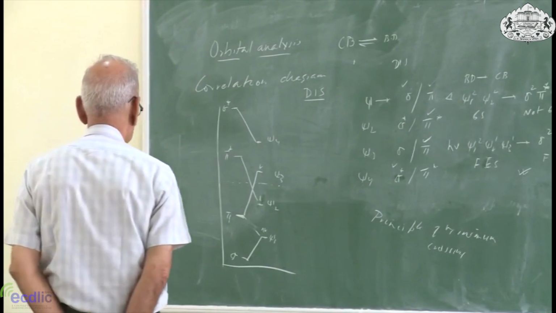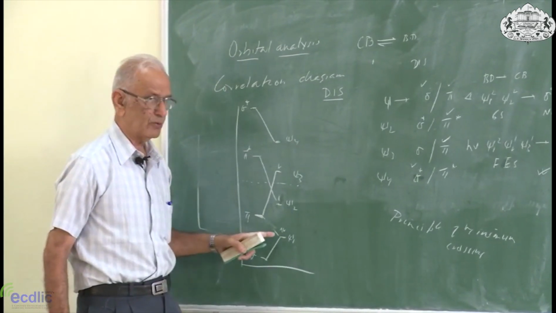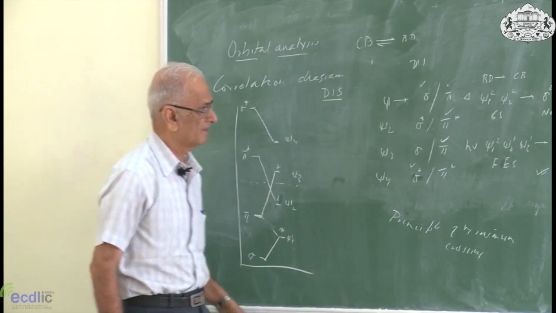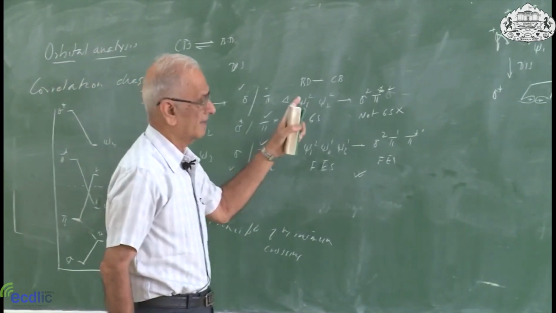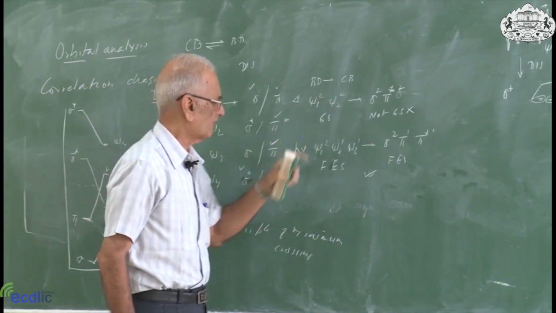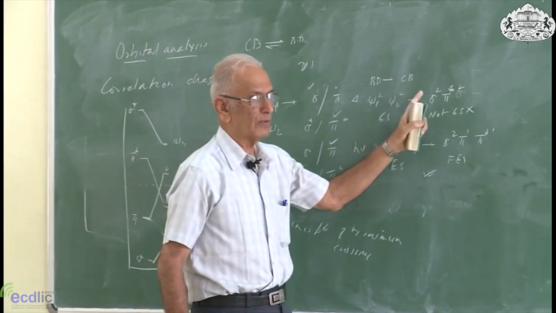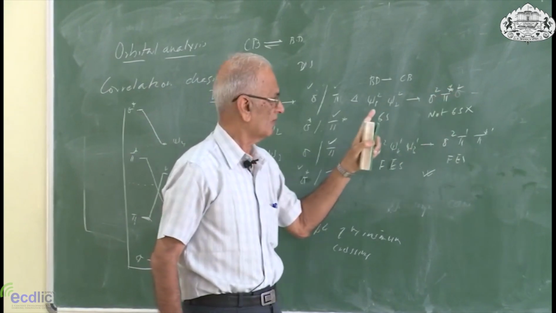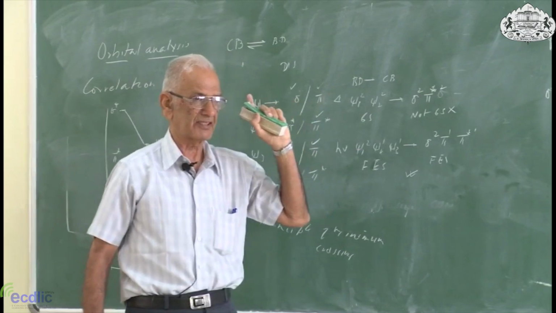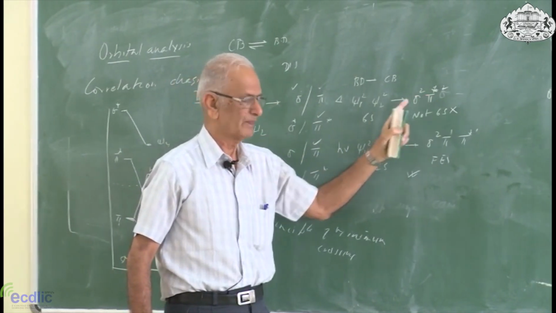Then I saw what happens in the thermal reaction. My thermal reaction will have 2 electrons in psi 1, 2 electrons in psi 2. So, we wrote this psi 1 2, psi 2 2. Psi 1 2 electrons went into sigma, psi 2 2 electrons went into pi star. So, this is ground state, this is not ground state, therefore, reaction is disallowed. What is the ground state? Sigma 2 pi 2.